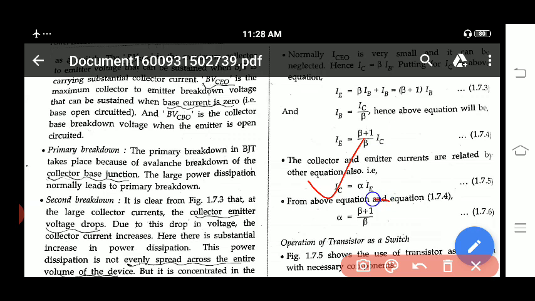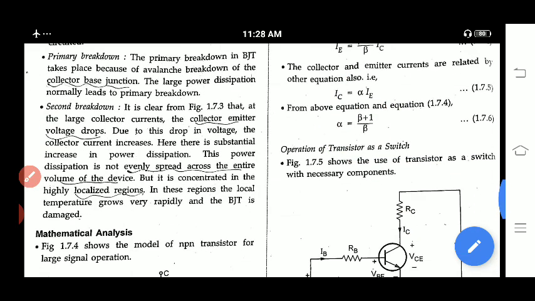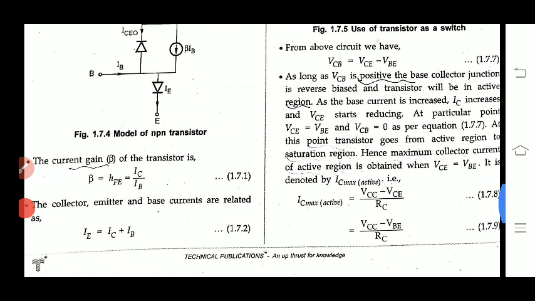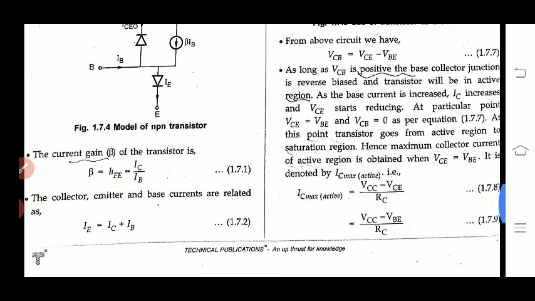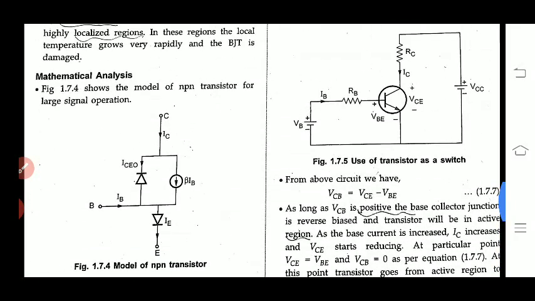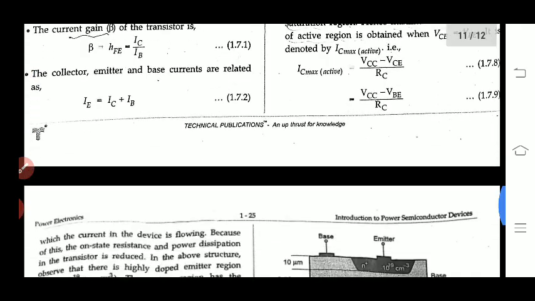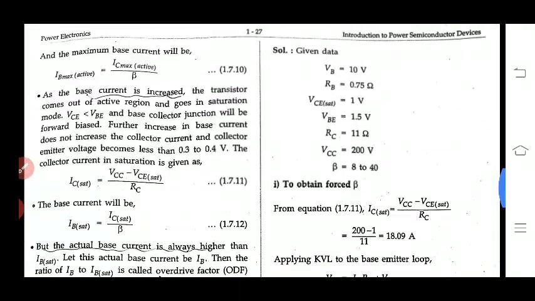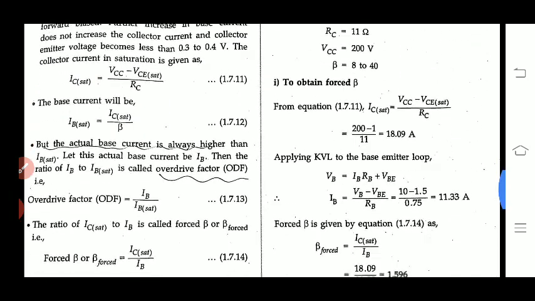The relationship between alpha and beta is given by alpha equal to beta divided by 1 plus beta. For this BJT you can draw the nature while switching from the active region to the saturation region. During that instant, you can write down all these expressions here.